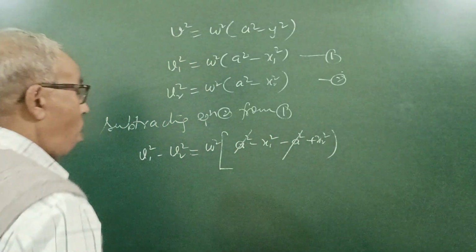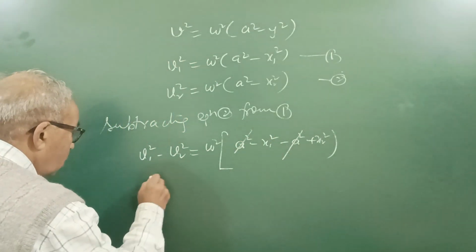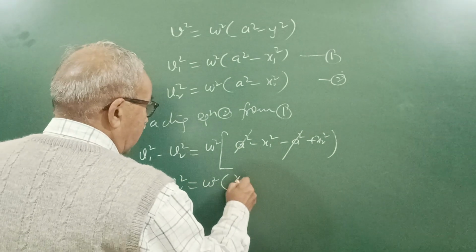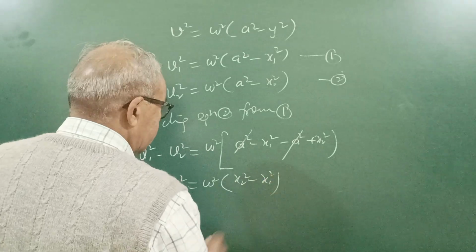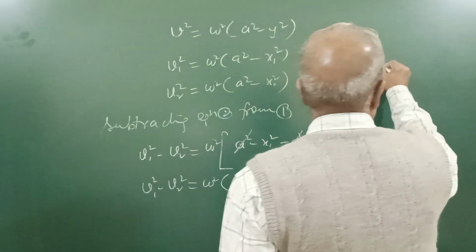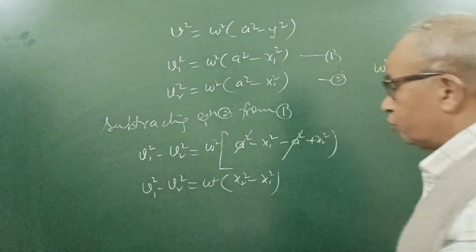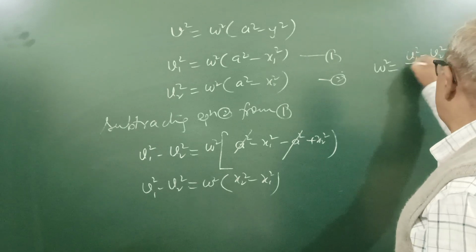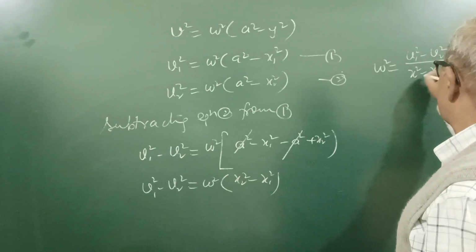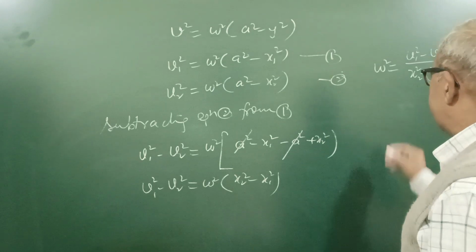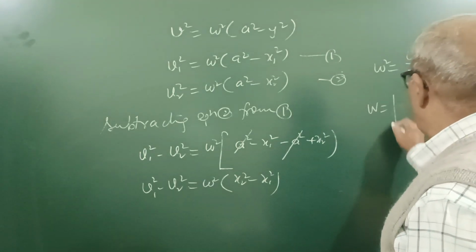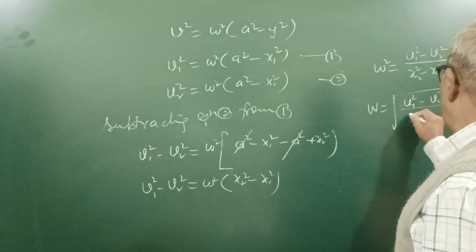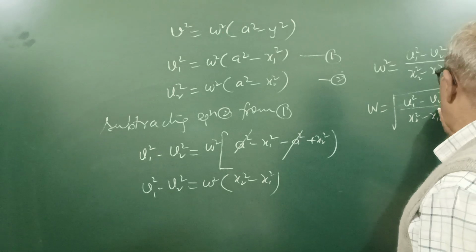A square cancels. So v1 square minus v2 square equal to omega square bracket x2 square minus x1 square. And omega square equals v1 square minus v2 square upon x2 square minus x1 square, and omega equals under root v1 square minus v2 square upon x2 square minus x1 square.